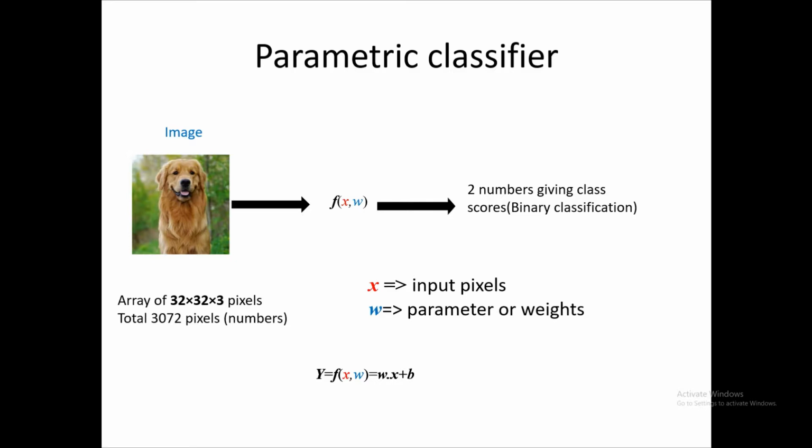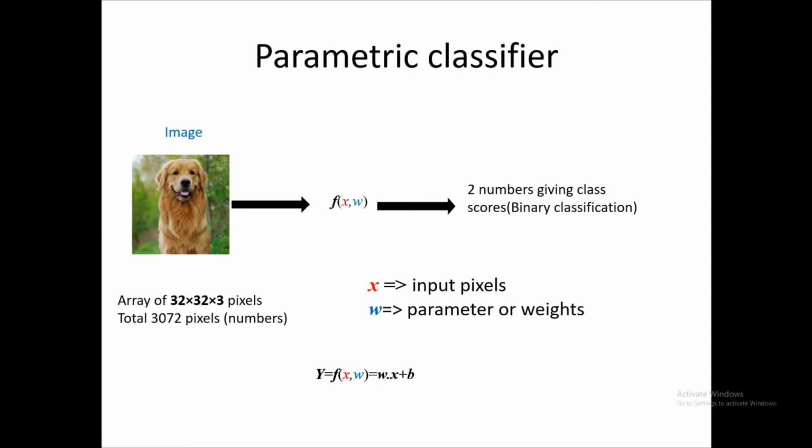In our case here it will have 2 elements, and it is used as a bias term. This is the very simplest form of the parametric classifier, expressed by a linear equation. We can call it a linear classifier.